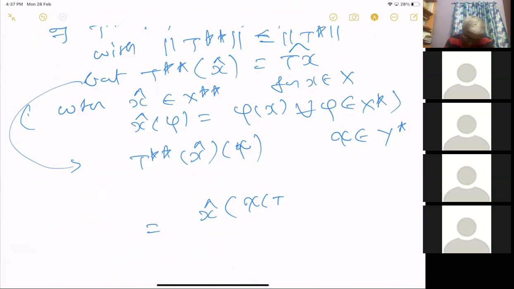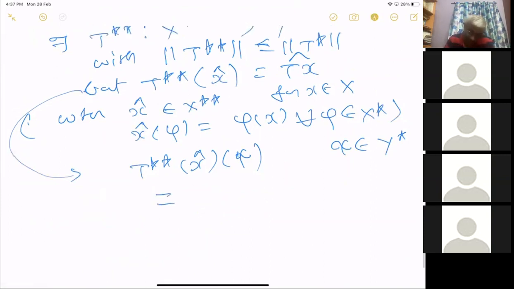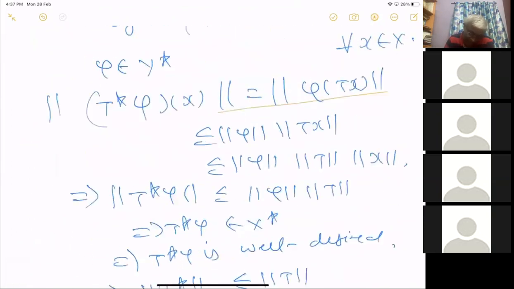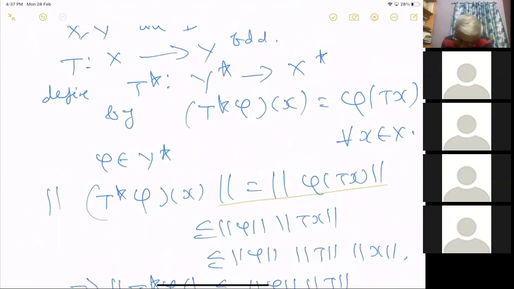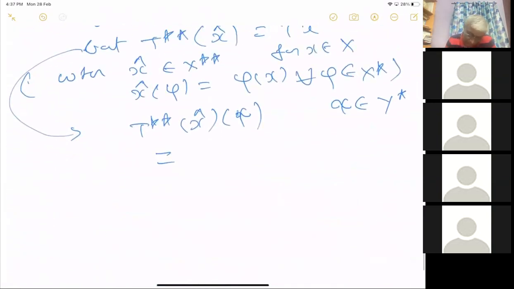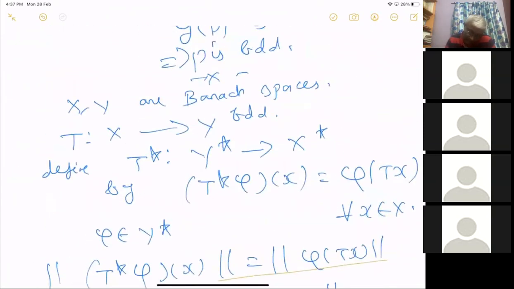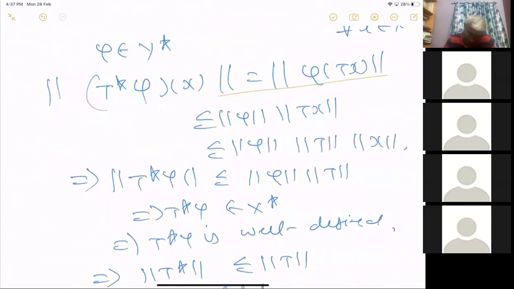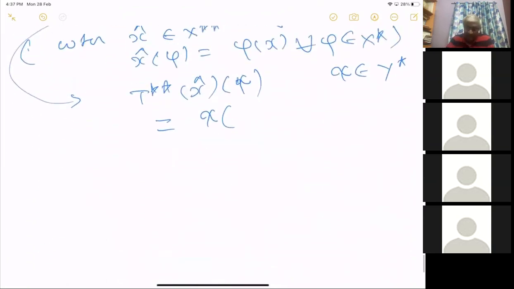I didn't sleep properly. What is the definition here? T star of chi at x is chi of Tx, right? So we have a T, we get a T star, and from that we got T double star.